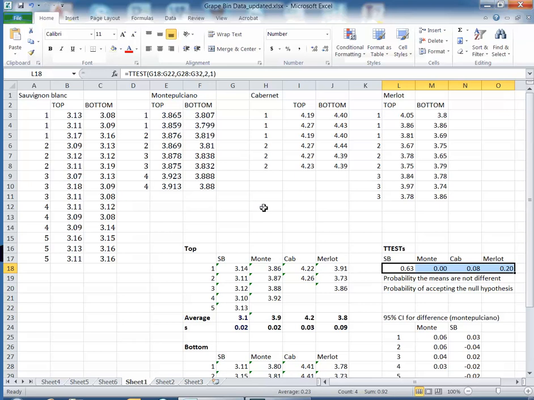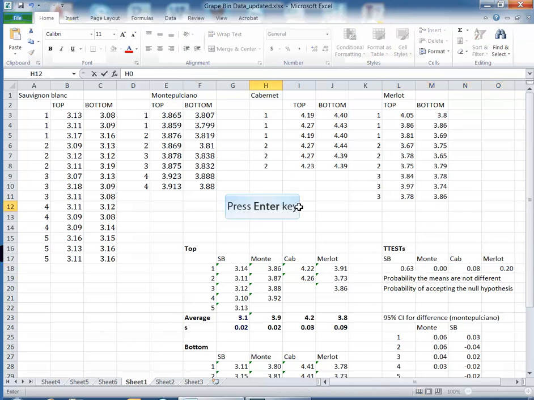So talking about it in hypothesis terms, our null hypothesis, no difference in the pH from the top and the bottom. The alternate hypothesis, there is a difference in the pH from the top and the bottom.